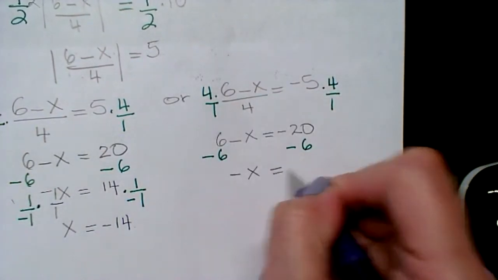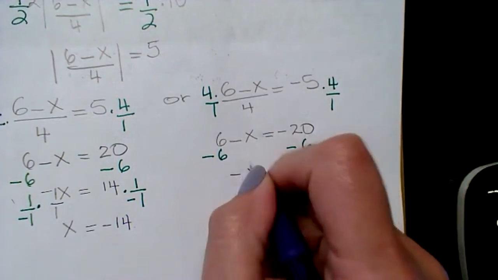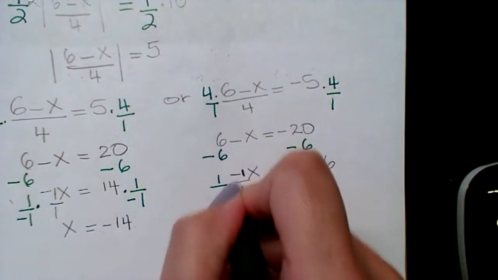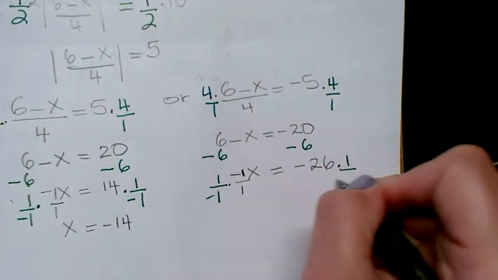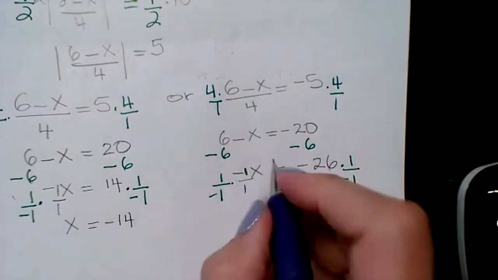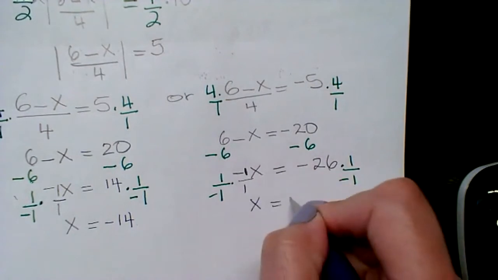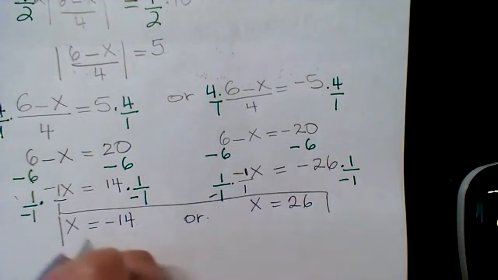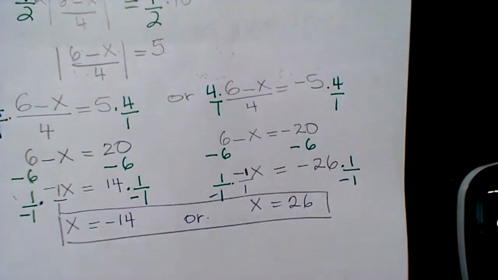So it's going to be negative x equals negative 26. So I'm going to multiply by the reciprocal. So x is going to be equal to 26. So those two are my answers.